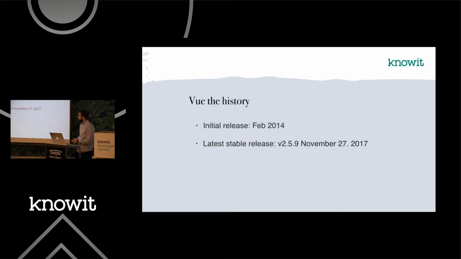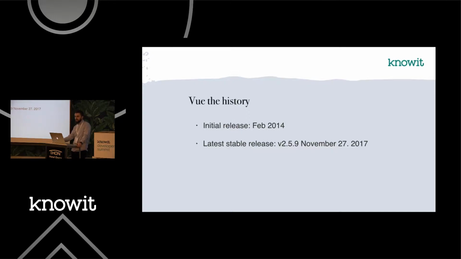When it comes to Vue.js, the initial release was in February 2014. It started as a one-man job, and it still is at some level. There are about 104 contributors in the project, and when you compare it to React, which has over 1,000 contributors.